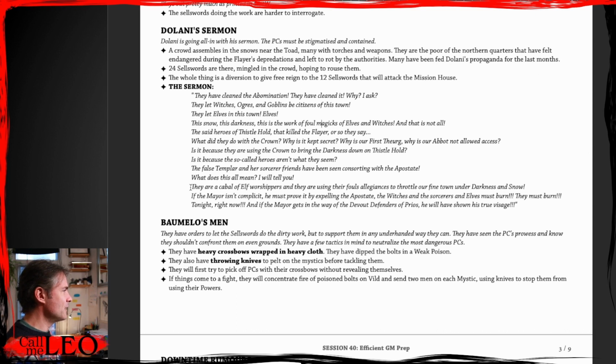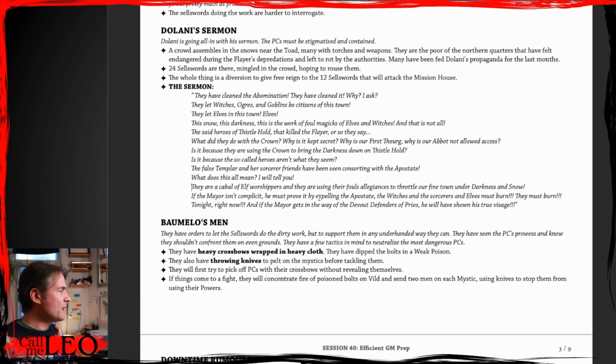And here's the fake news part. They are a cabal of elf worshippers, and they're using their fallen religion to throw the whole fight down, blah blah blah. So he's accusing the false Templar, he's accusing the PCs basically, and he says that maybe even the mayor is complicit, and he wants the crowd. That's his end goal for right now.